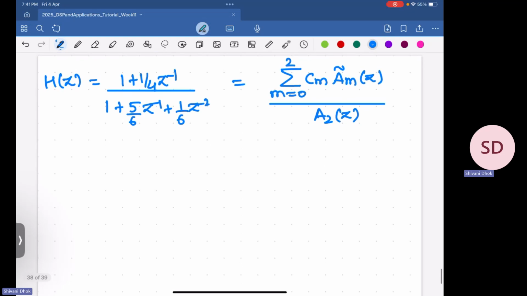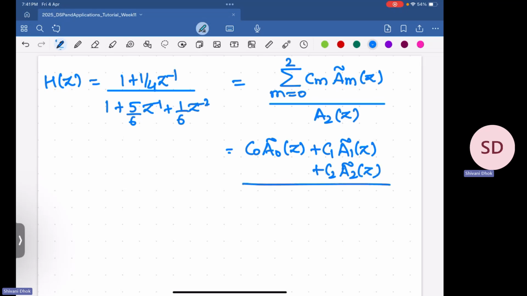So this I can also write as c0 a0 tilde of z plus c1 a1 tilde of z plus c2 a2 tilde of z, whole divided by a2 of z.